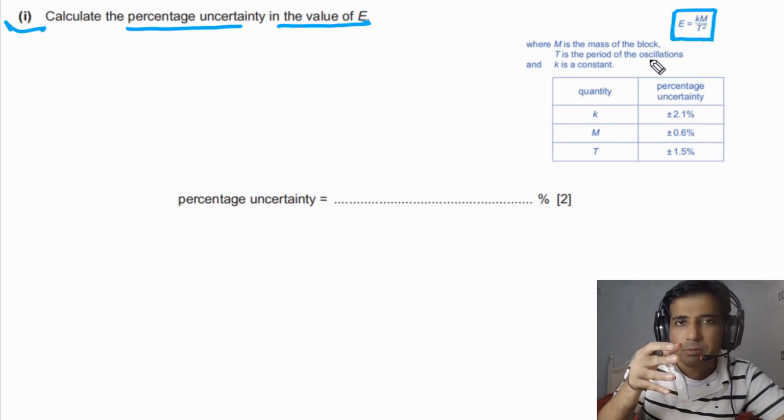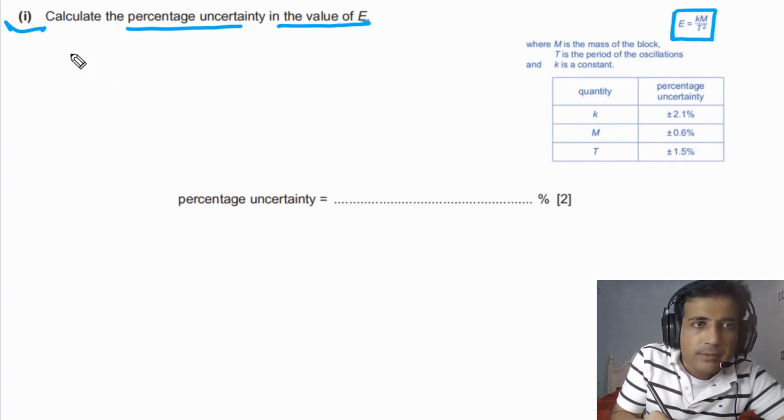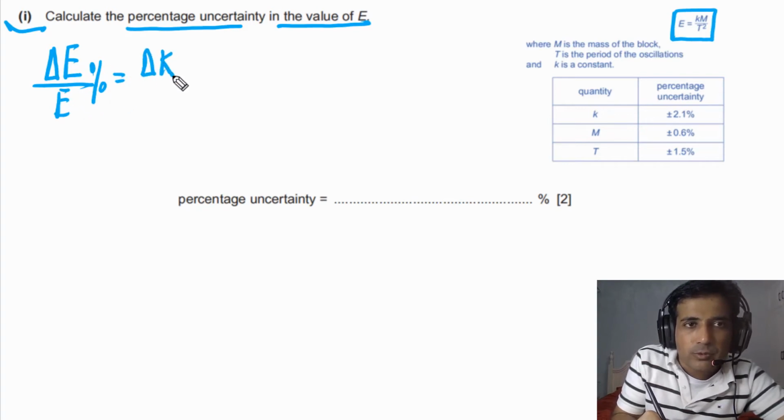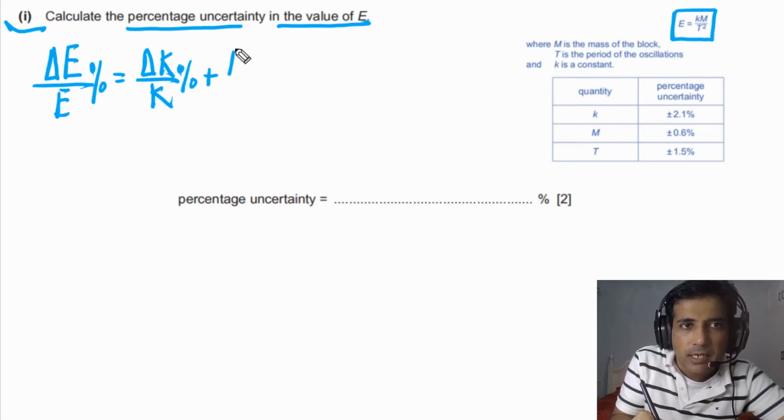So when quantities are multiplied and divided, then we have to add the percentage uncertainties. So in this case, we have delta E by E, the percentage uncertainty in E. This has to be equal to the percentage uncertainty in k and the percentage uncertainty in m.